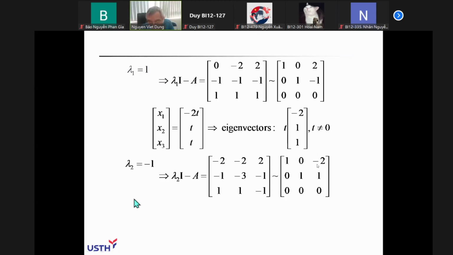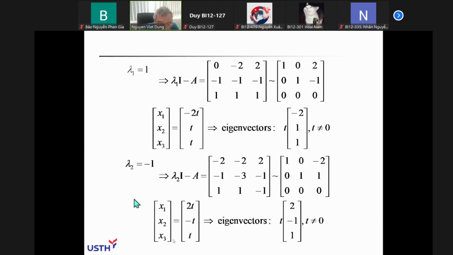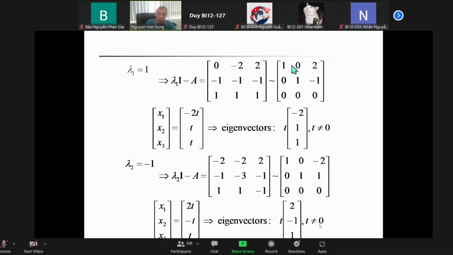Again, the last variable x3 is a free variable, and the solution will be like that. Then the eigenvector will be t times (2, minus 1, 1). And again, we require t is non-zero because the eigenvector must be non-zero.